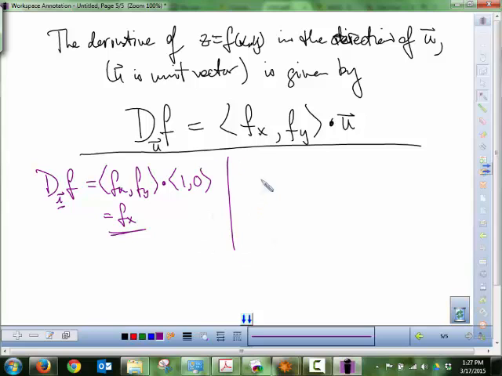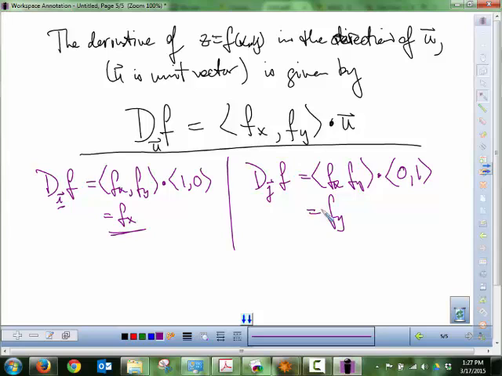So similarly, the directional derivative in the y direction is going to be fx, fy, dotted with 0, 1, and this is going to be fy. Okay? But now we can find the directional derivative in any direction.